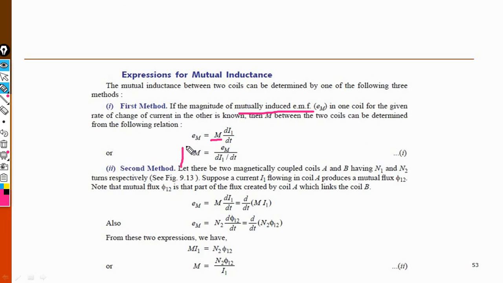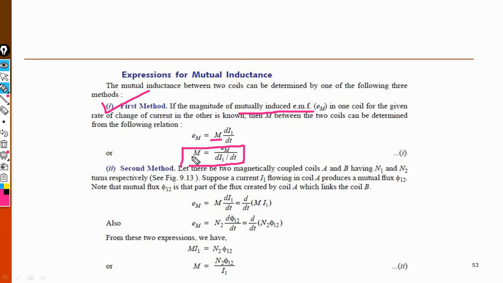This is the very important first formula, the first method to calculate mutual inductance. Now we have to calculate the second method.